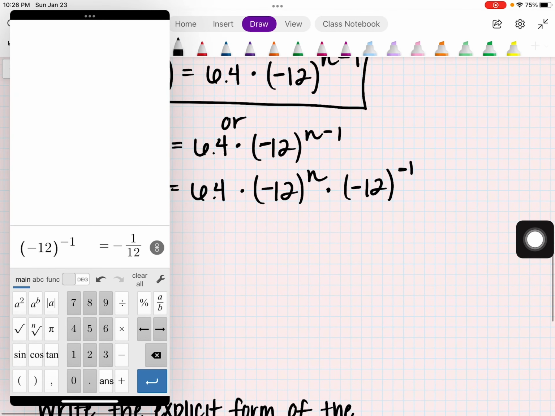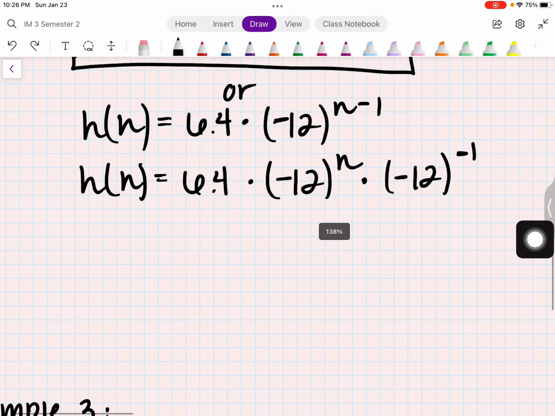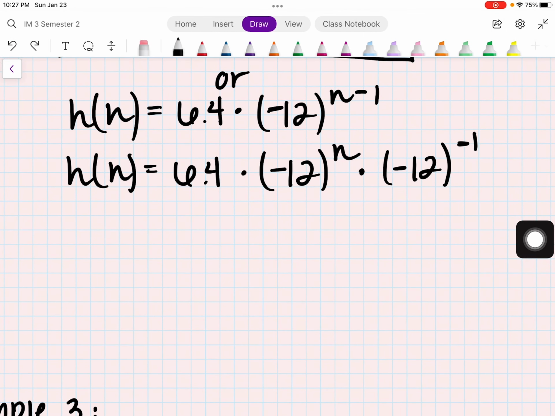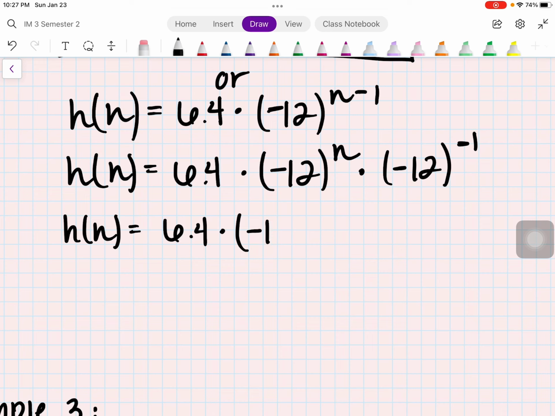So this would actually become h of n equal to 6.4 times negative 12 to the n times 1 over negative 12, or in this case, negative 1 over 12.